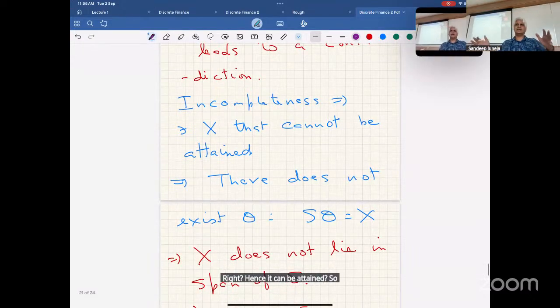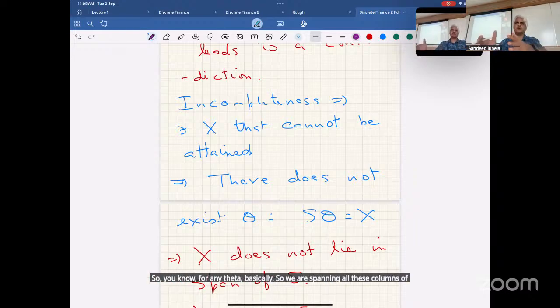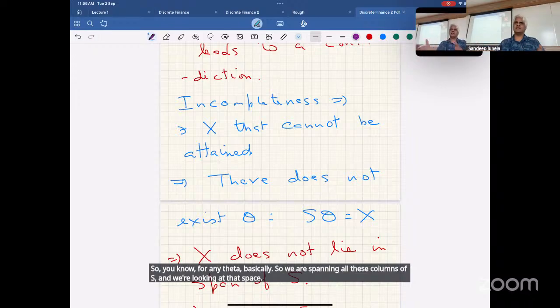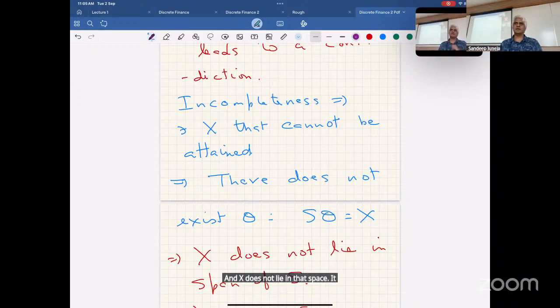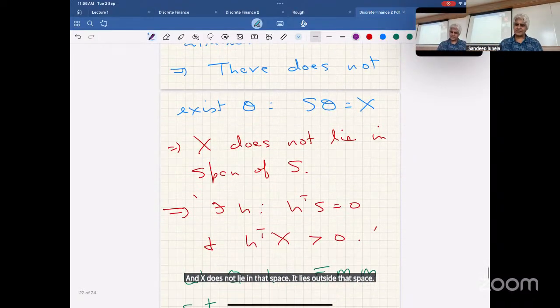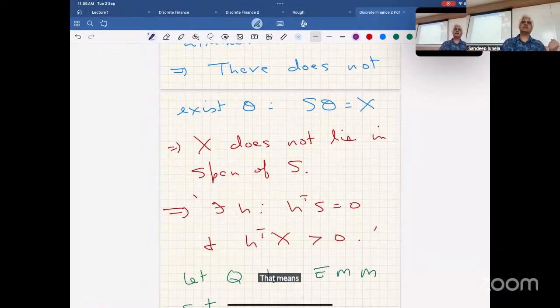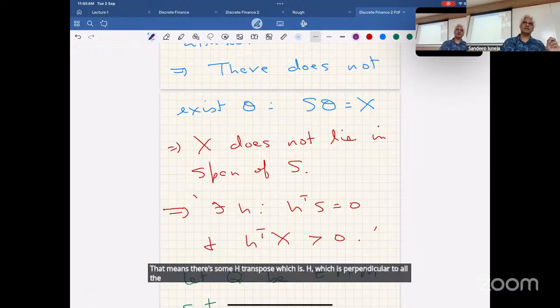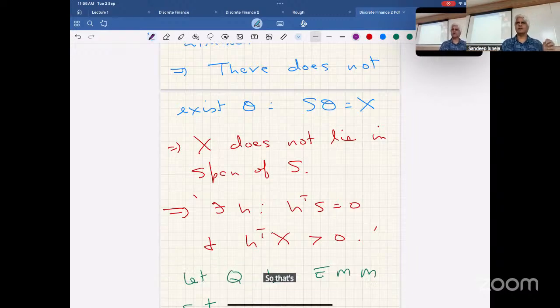For any theta, we are spanning all the columns of S and looking at that space, and X does not lie in that space. It lies outside that space. Here I want you to have a geometric intuition. That means there's some H transpose, which is perpendicular to all the columns of S.